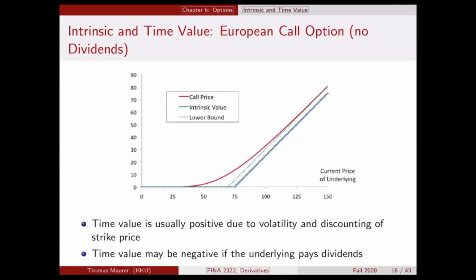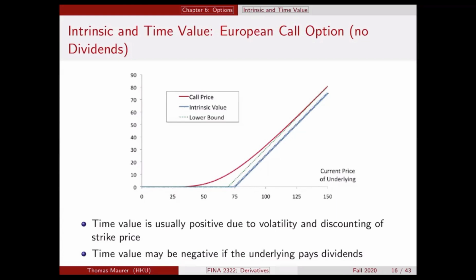So what does it mean? If the price of the underlying, which I plot here on the horizontal axis, is less than $75, let's say, for example, it's $25, then the intrinsic value is 0, because if you were now at maturity, then you do not want to exercise the call option. You do not want to pay $75 for something which is worth only $25.